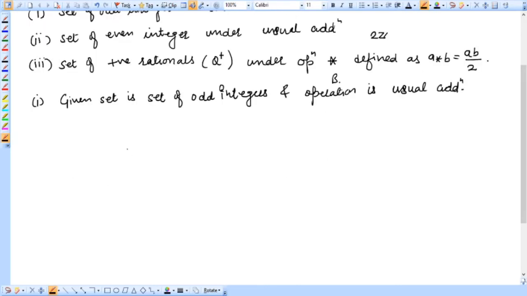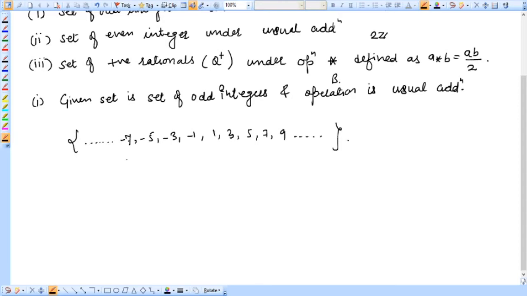So see what is included in odd integers. The set contains all odd negative integers, from minus infinity, and positive ones: -3, -1, 1, 3, 5, 7, 9, and so on. Okay, this is the given set.